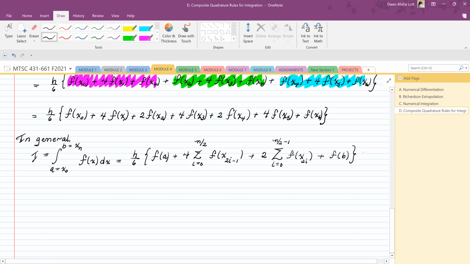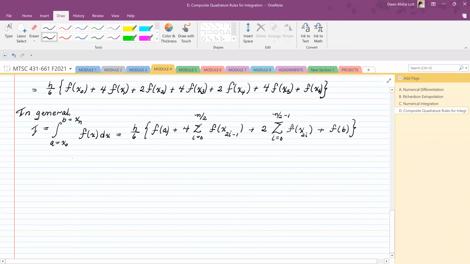And then I still have my h to the 5th over 90. But now I have the sum of these errors: the sum, i equals 1 to n over 2, of the 4th derivative at c sub i.